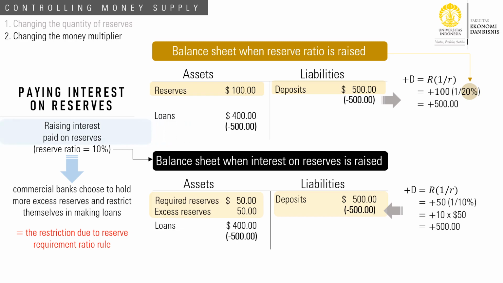So as I said at the end, the impact of changing the interest payment on reserve is quite similar to that of changing the reserve ratio. Money multiplier is affected and in turn causes money supply in this case to fall by $500.